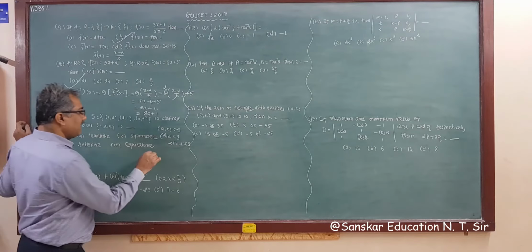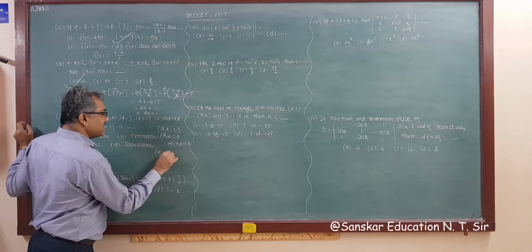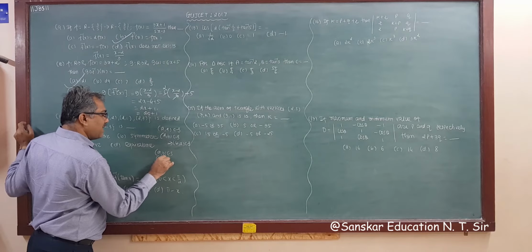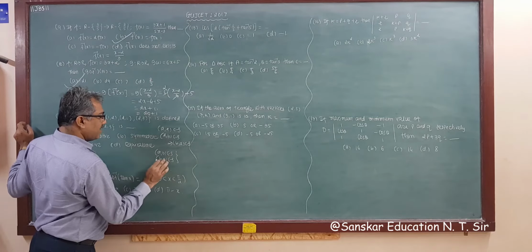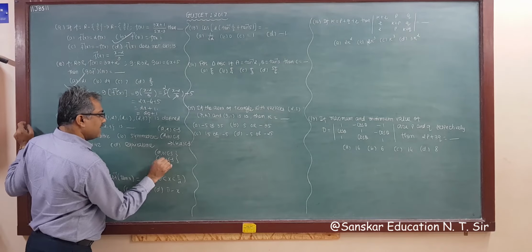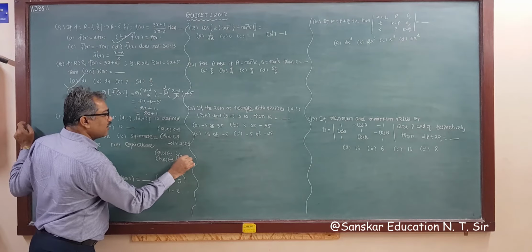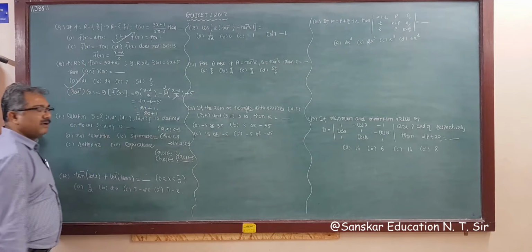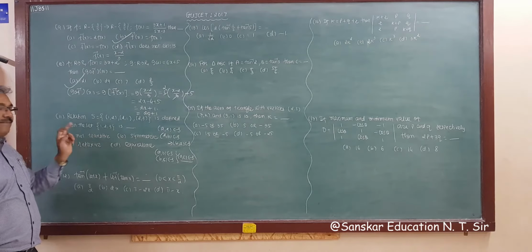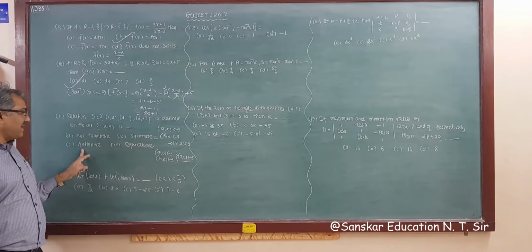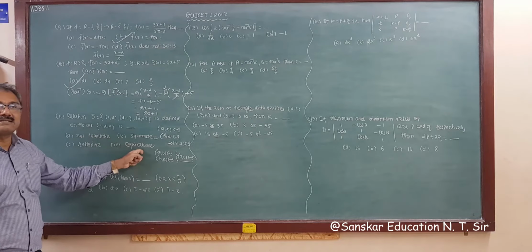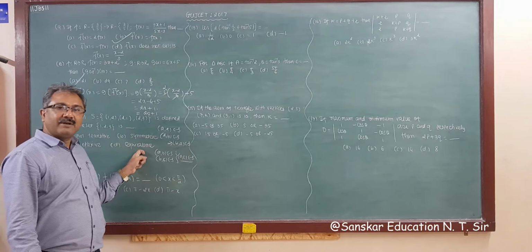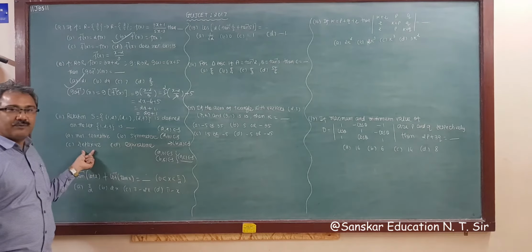For transitivity, if (a, b) belongs to S and (b, c) belongs to S, then (a, c) belongs to S, then it's called transitive. If a relation is reflexive, symmetric and transitive, then it is an equivalence.